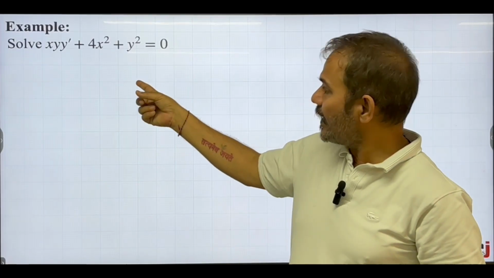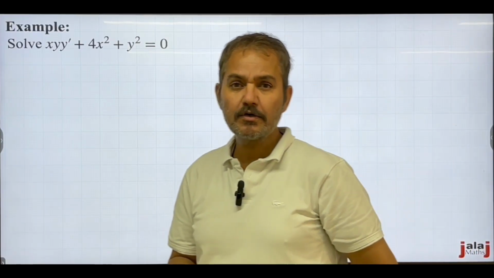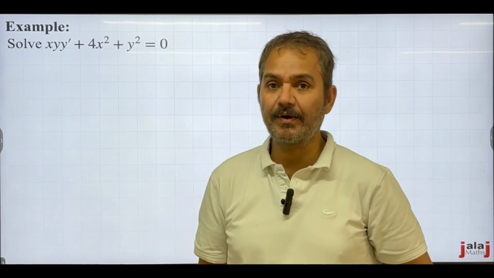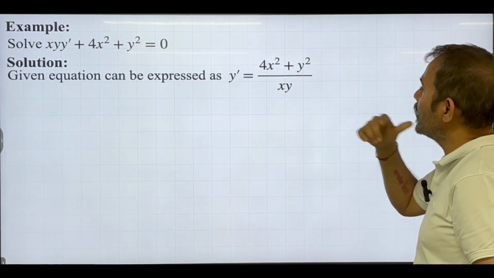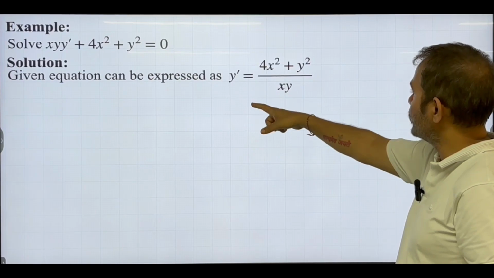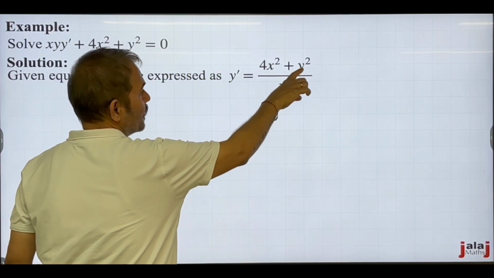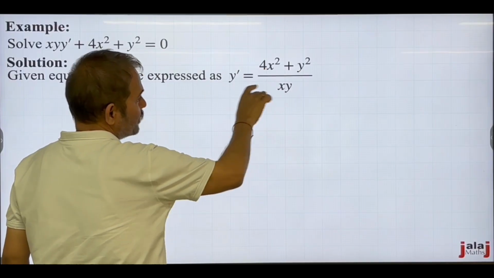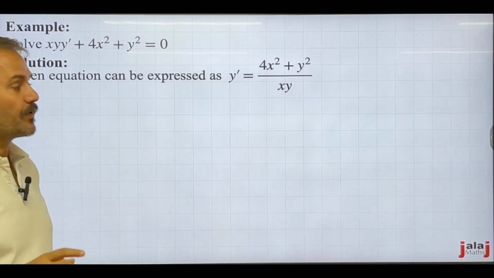In this case, it's difficult to use variable separable directly. If you write the given equation as y prime equals 4x squared plus y squared over xy, and bring y to this side, this y is a problem, and if you bring this y to the left again, it is not easy to separate x and y.